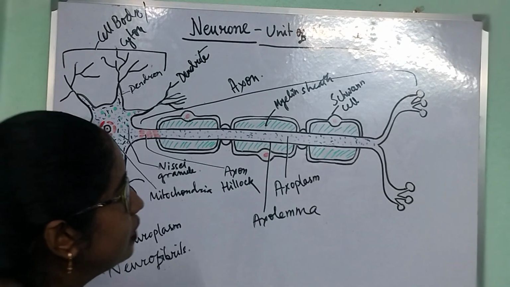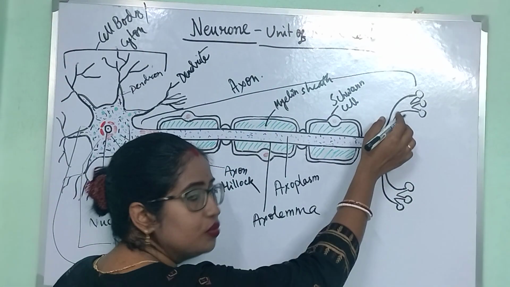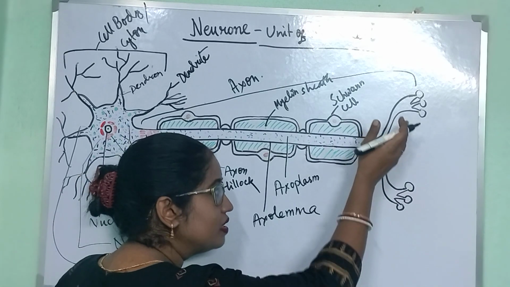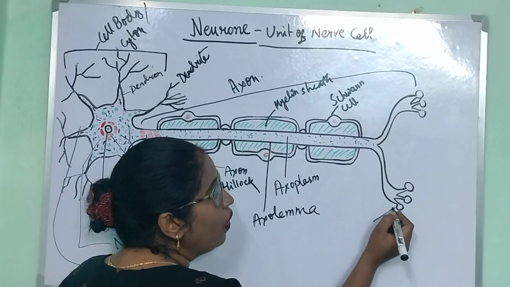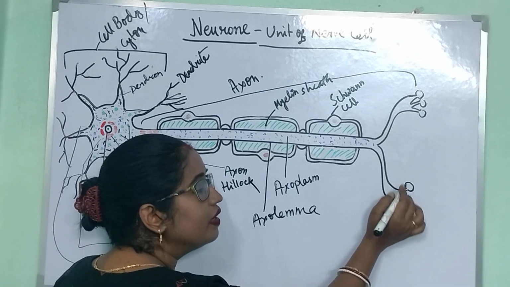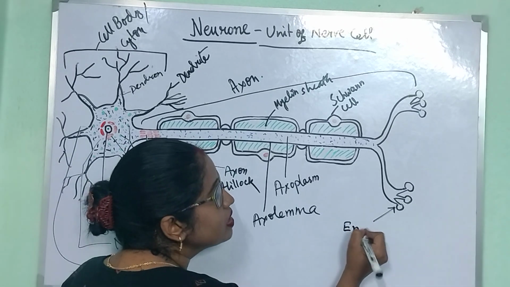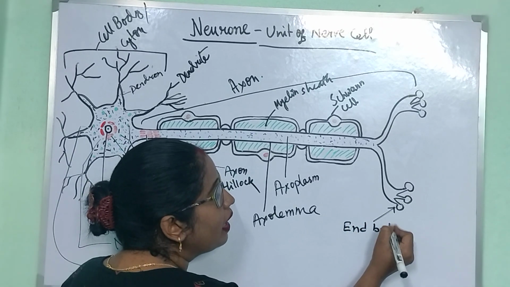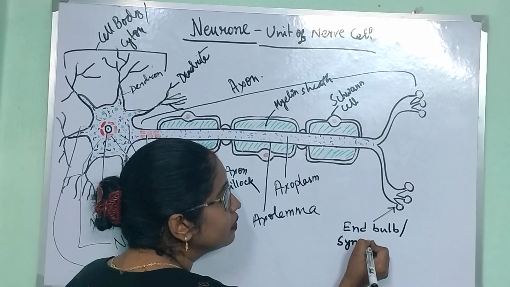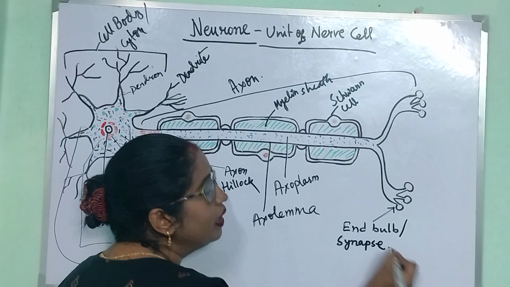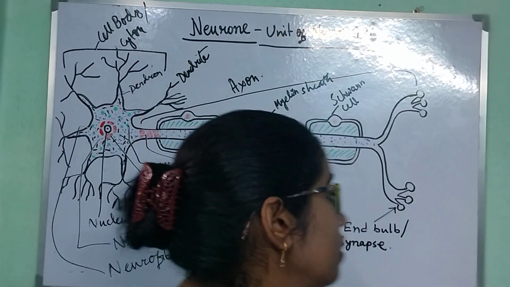The last portion is where the axon divides into many branches. At the end portion of these branches there are finger-like or bulb-like projections. This bulb-like projection is known as the end bulb or the synapse. The branches are also known as telodendria.